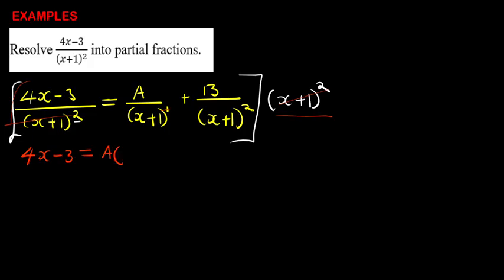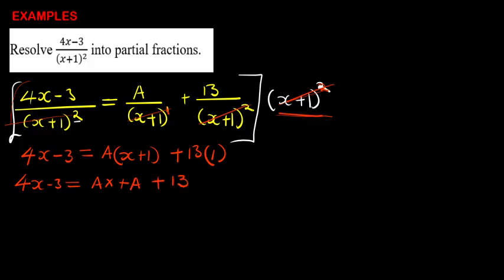When I multiply this part times that part, here we're having 2 of these, here we're having 1, so one of these will cancel. I'll remain with x plus 1, plus b, since this part and that part divide, I'll just have 1. So this means I'll have 4x minus 3 equal to a, and I'll expand this part, so it will be ax plus a plus b. So that is the equation that you have.